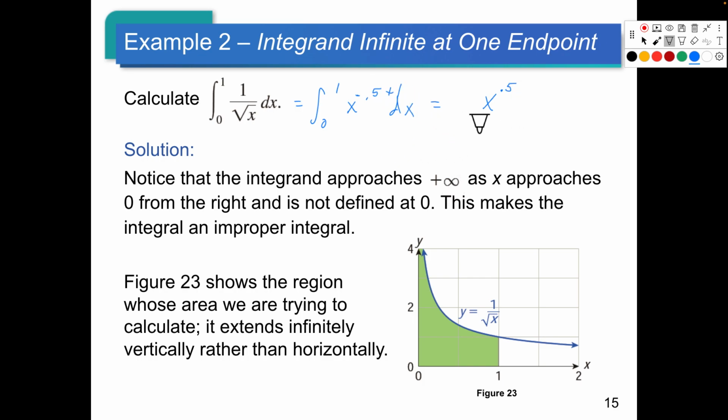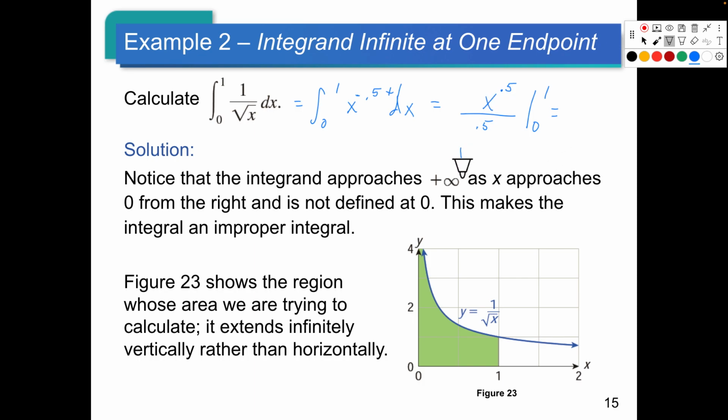And we're going to divide by that new exponent, 0.5, and we're going to go from 0 to 1. This is defined. So we couldn't plug in 0 here, but we can do it here. So we plug in 1.